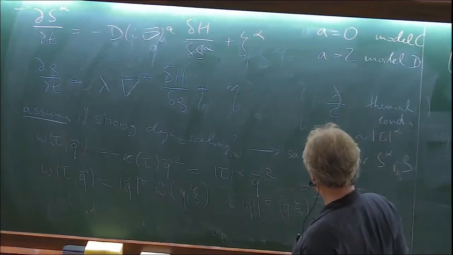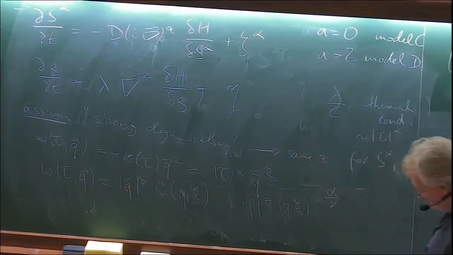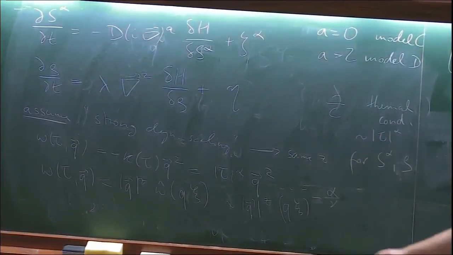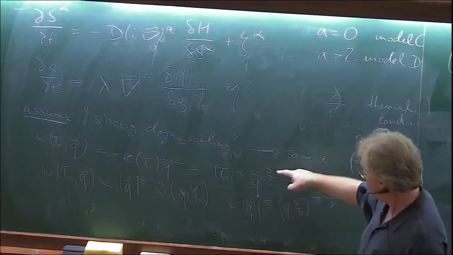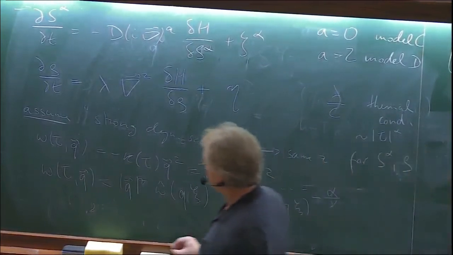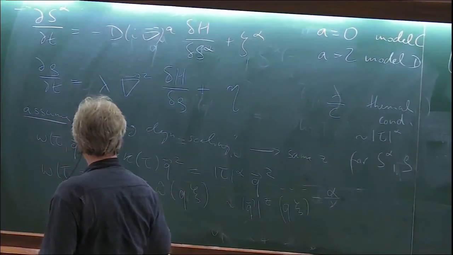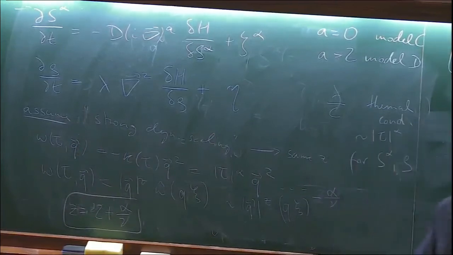And I need to get plus alpha, so alpha over nu. The minus sign, I was right. So this would give me the same tau dependence. And then I can read off that this 2 needs to be the same as z minus alpha over nu. So it tells me that z needs to be 2 plus alpha over nu if I have the strong dynamic scaling.